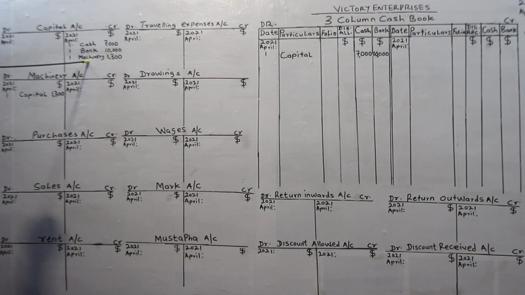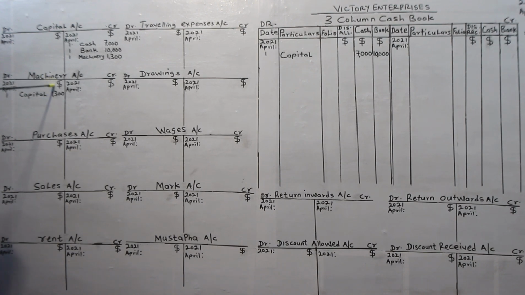The machinery is not physical cash, but an asset or a property, and so has nothing to do with the cash book. The cash book deals with only cash and bank transactions. Therefore, the machinery is given to the person or account in charge of machinery account. The machinery account is debited with $1,300 machinery.